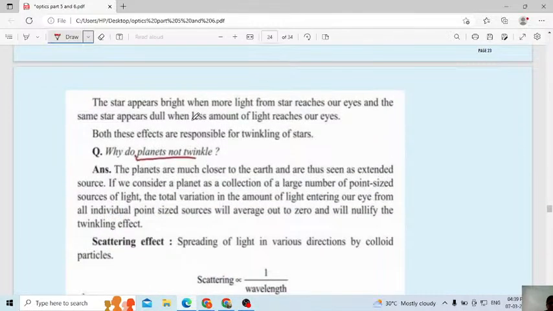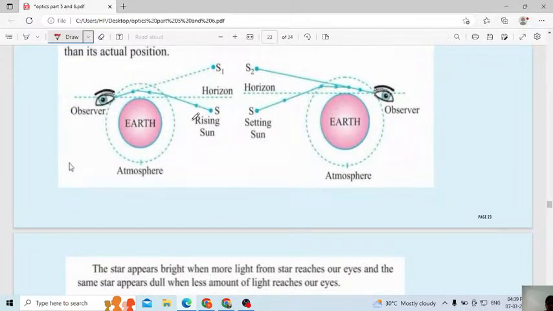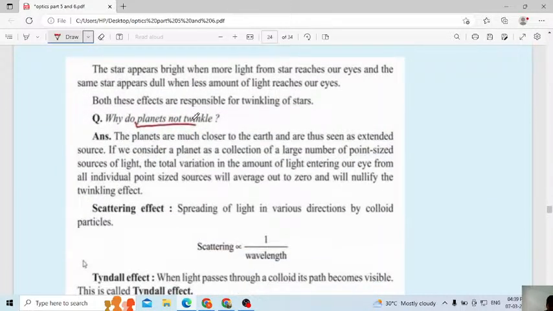Okay. Next one, the star appears brighter when more light from the star reaches our eye. The same star appears dull when less light reaches our eye. Both these effects are responsible for the twinkling of stars. What is meant by twinkling of stars? Because the star is a luminous body. What is meant by luminous body? A luminous body is an object which can emit its own light.